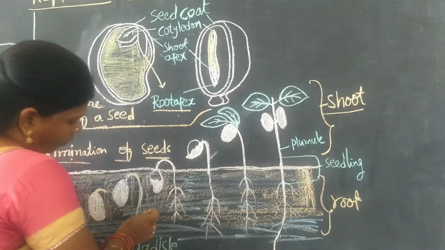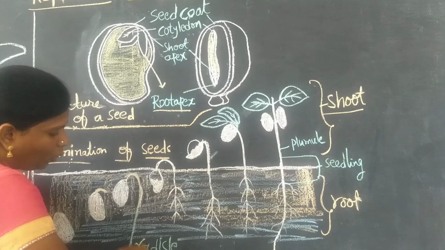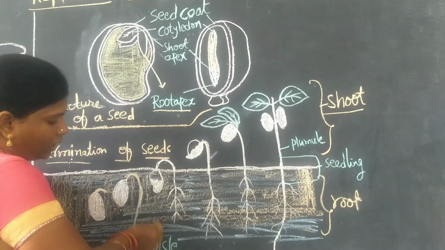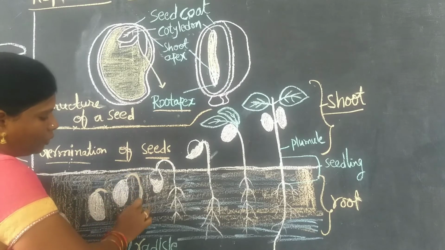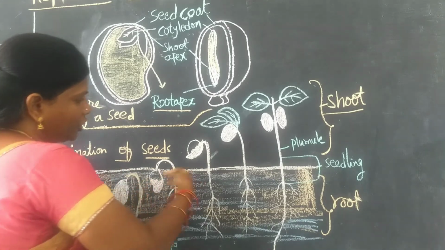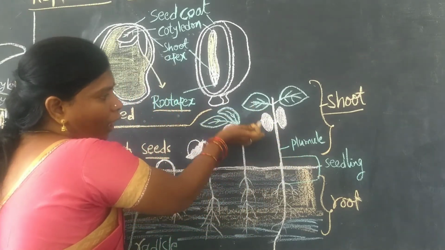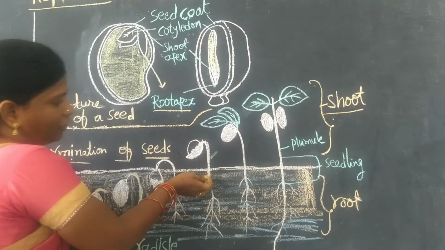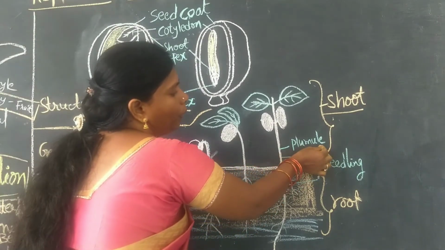The part which grows under the soil is called radicle. Whichever part is going to the shoot, above the soil, is called plumule.